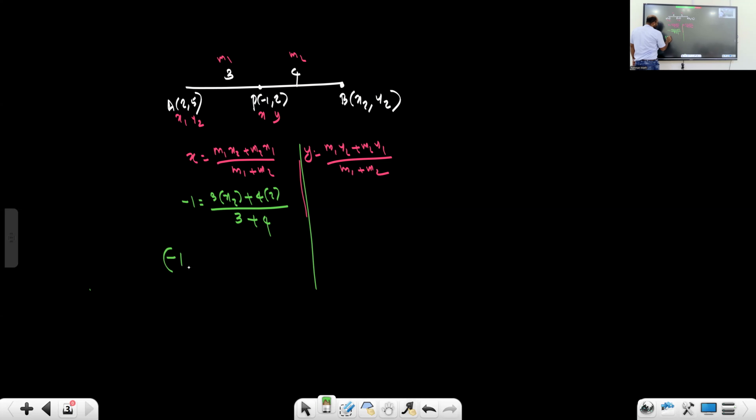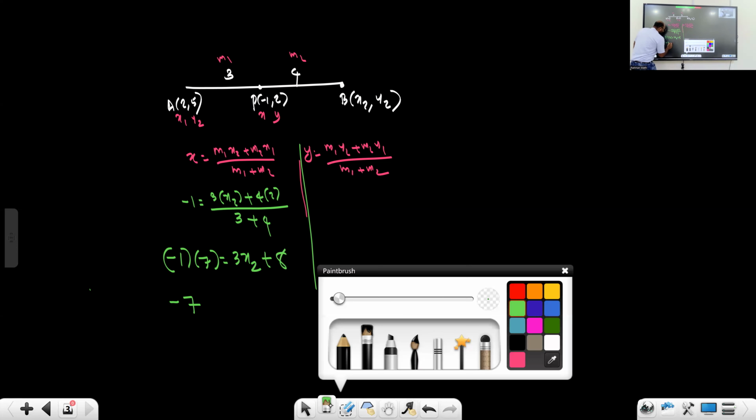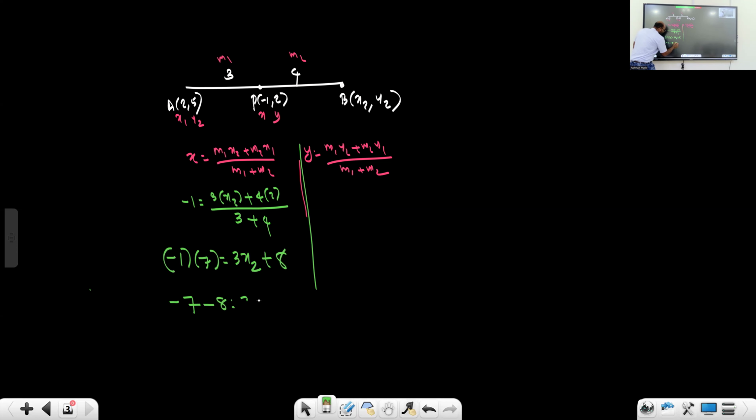Minus 1 into 7, because the denominator is transposed, equals 3x2 plus 8. Minus 7 equals 3x2 plus 8. Sorry, this is 8. Minus 8, so minus 15 by 3 equals x2. What is x2? Minus 5.